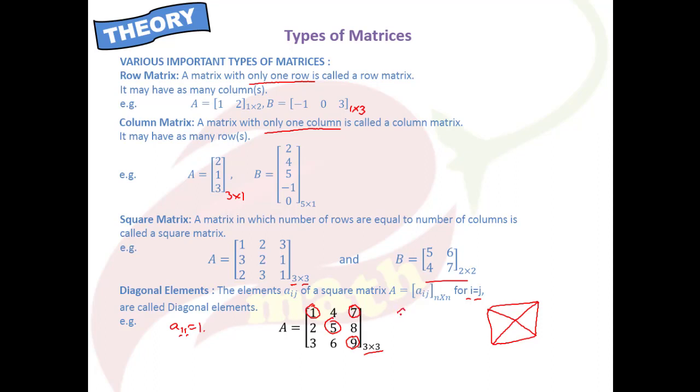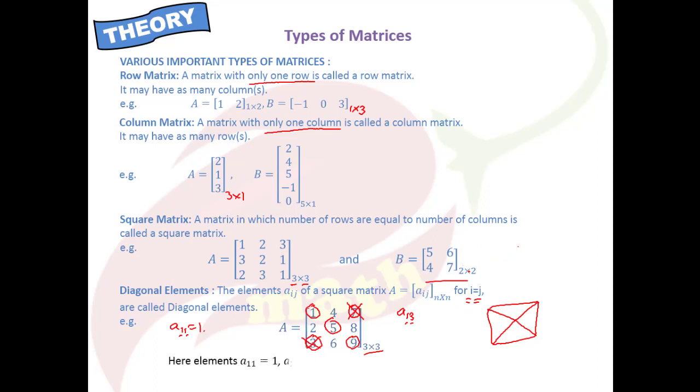It is A13. Here 1 is not equal to 3, so this is not a diagonal element. Similarly this 3 is A31, again not a diagonal element. So we consider only those elements as diagonal elements where row number and column number are the same.